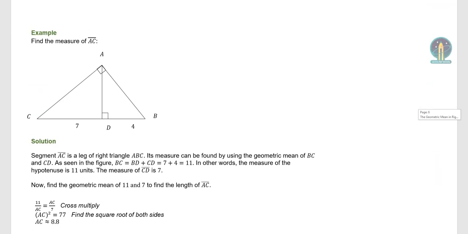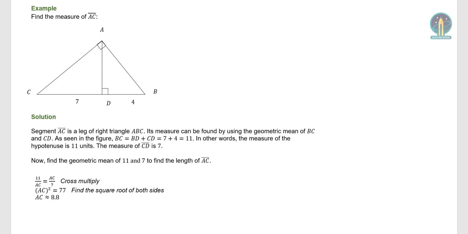Let's look at this example. Find the measure of side AC. So again, we have the hypotenuse, BC. The full hypotenuse is 11 units. The segment of the hypotenuse adjacent to our side of interest is segment CD, which is 7 units.